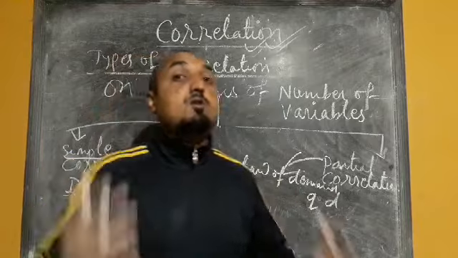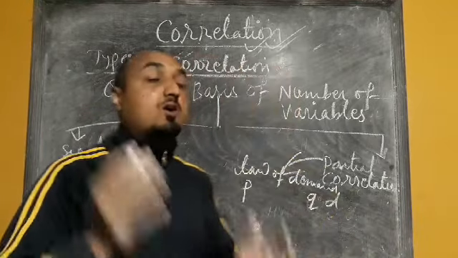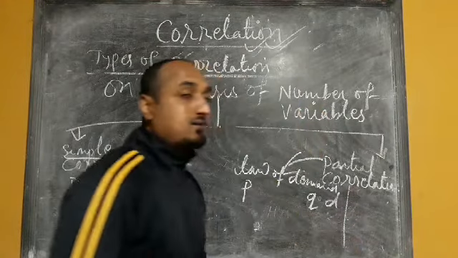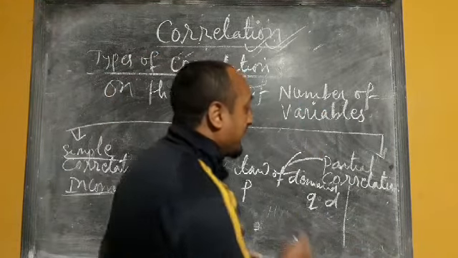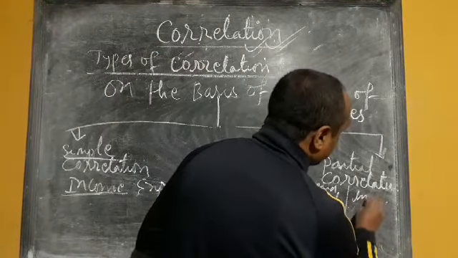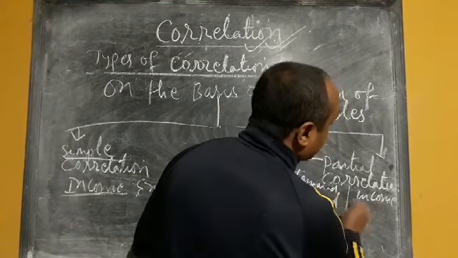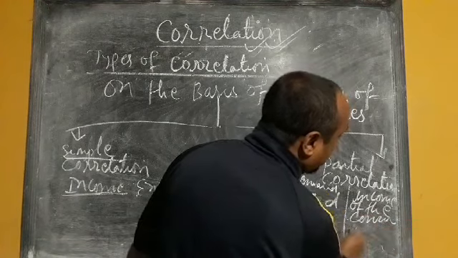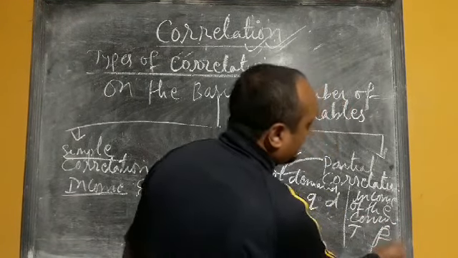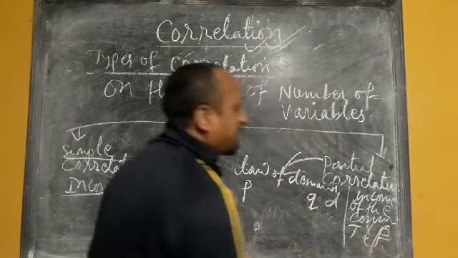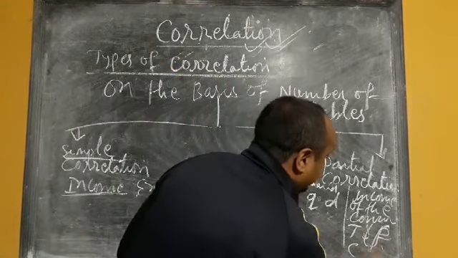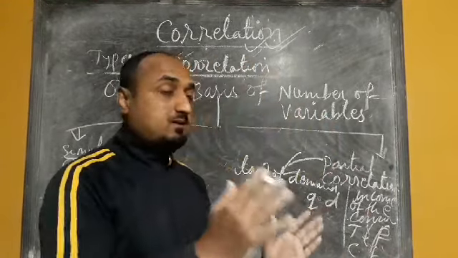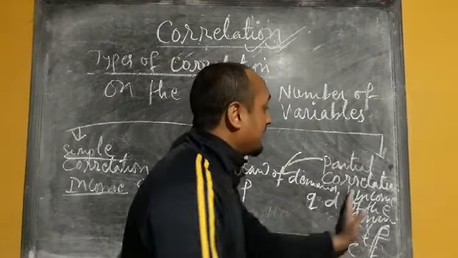So what are the other factors that we keep constant while explaining this law of demand? The other factors that are kept constant are income of the consumer, taste and preference, then credit facility. Many other variables are there that are kept constant.